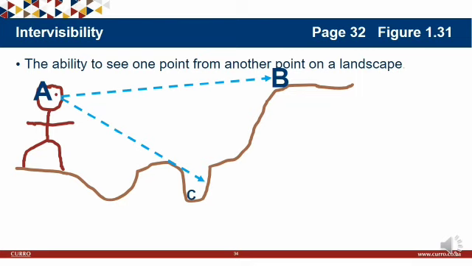Now, look at A. The person at A can see point B, but they cannot see point C. A and B are intervisible, but A and C are not intervisible. Simple concept.